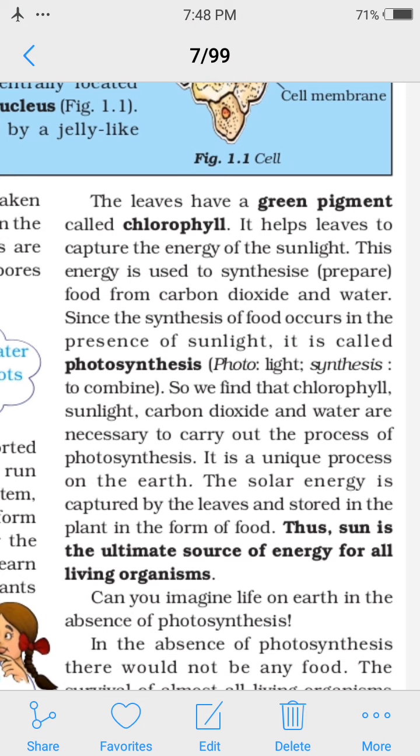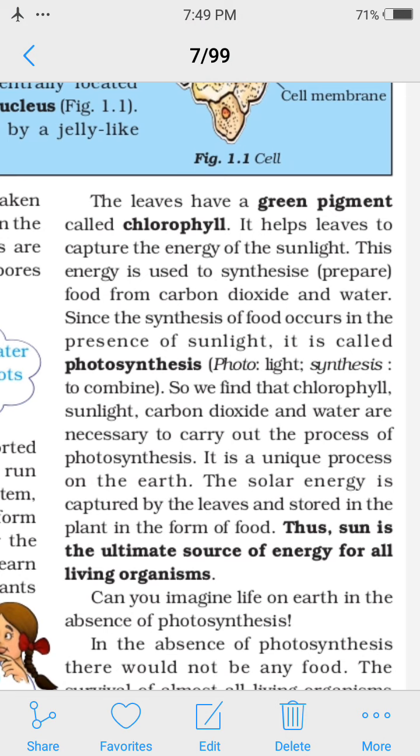Now from this whole process we learn about the plant. Suppose we think about the plant: they absorb water and minerals from the soil through the root. Carbon dioxide they absorb through the stomata, which are tiny pores present on the leaves. The green pigment present in the leaves is called chlorophyll.